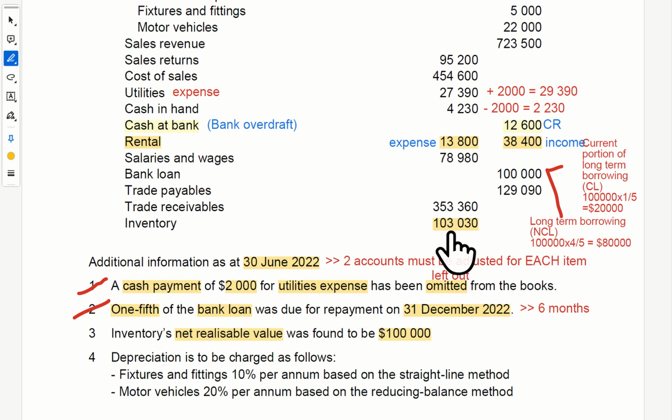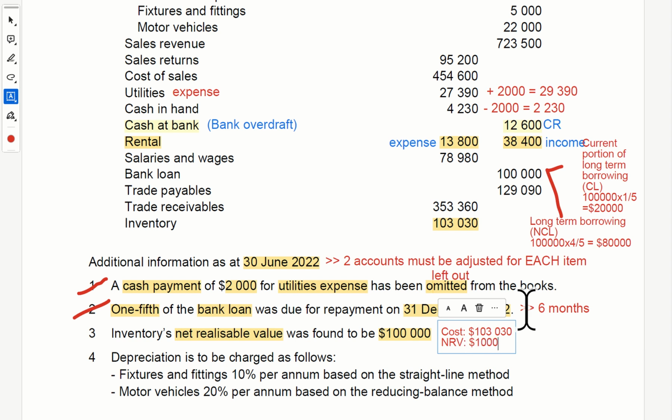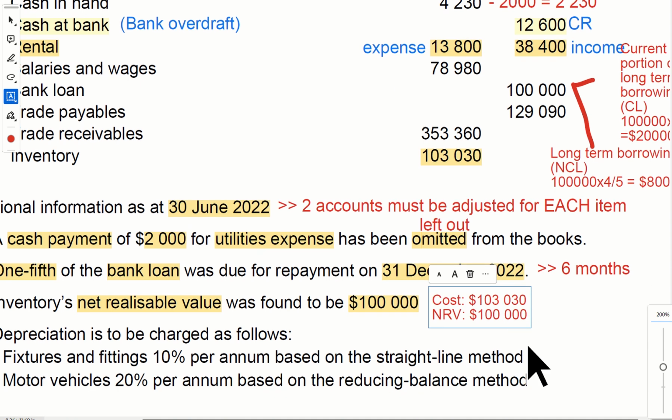But this is not going to be 103,030 because you see the cost is 103,030. But the question tells you your net realizable value is only 100,000, which means you can only sell it for 100,000.